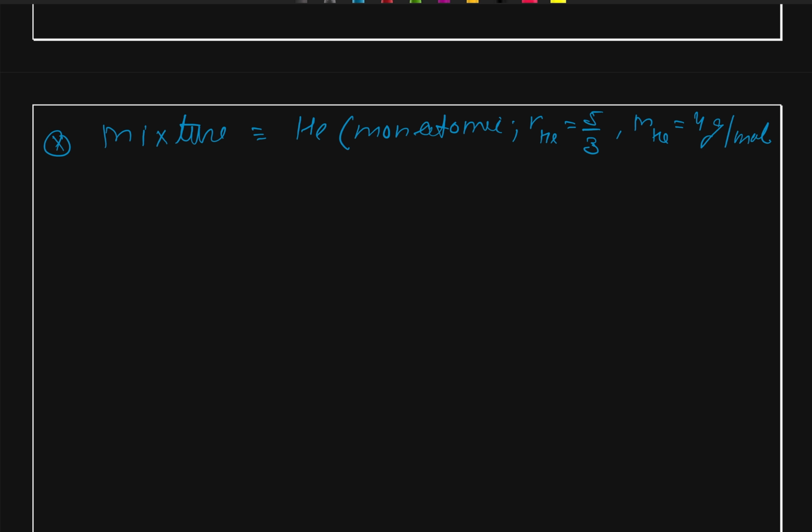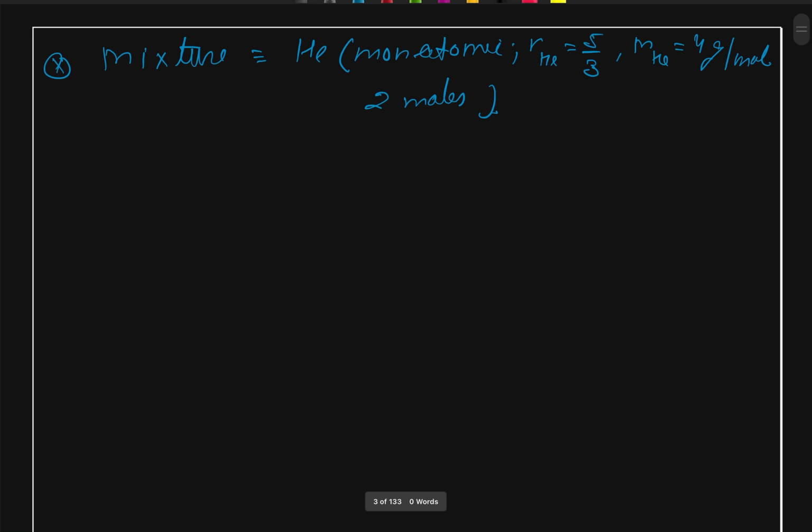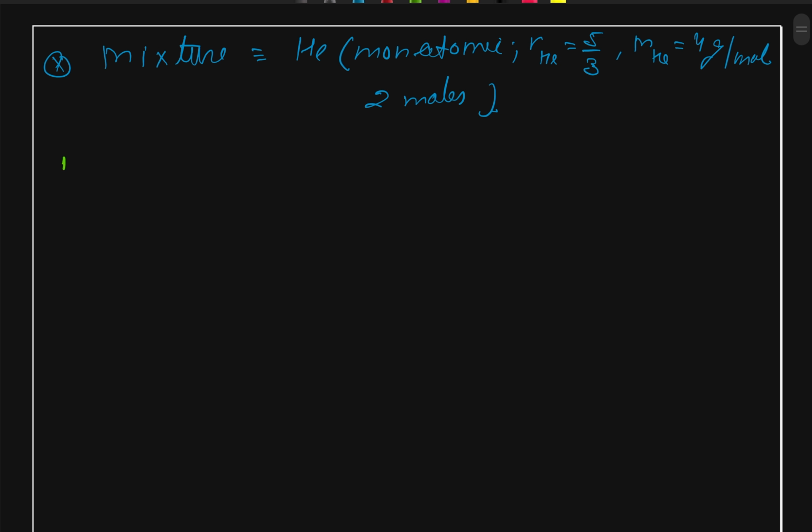And we are given that it is of 2 moles. And the next composition is of hydrogen, and hydrogen is diatomic, and this gamma for our hydrogen will be equal to 7 by 5, and its molar mass will be equal to 2 gram per mole.